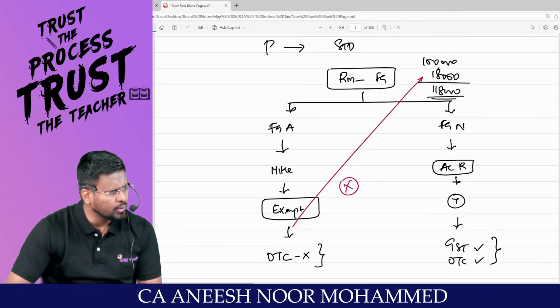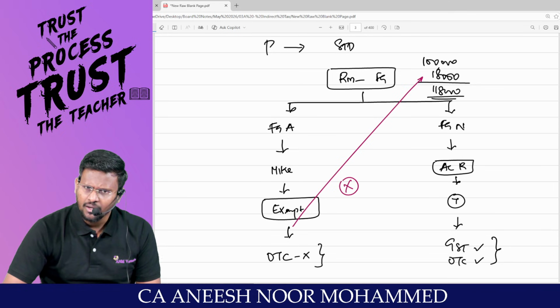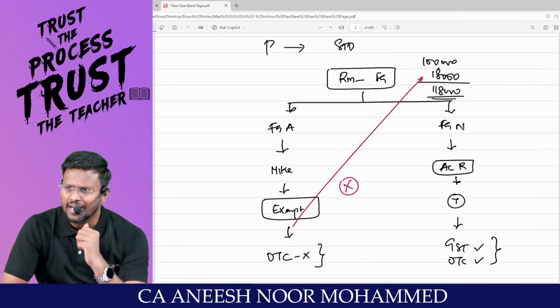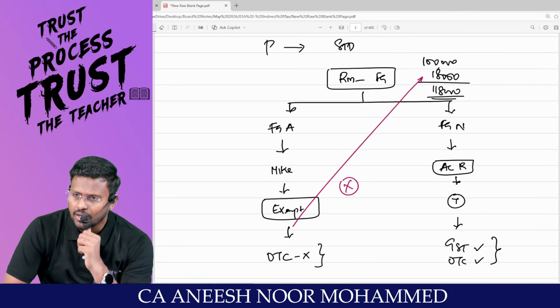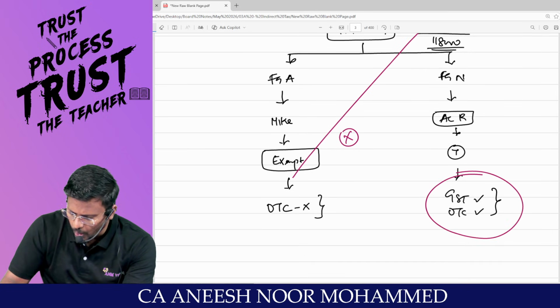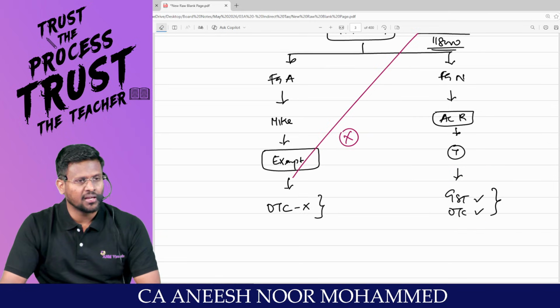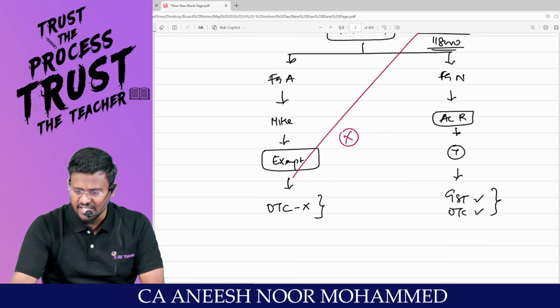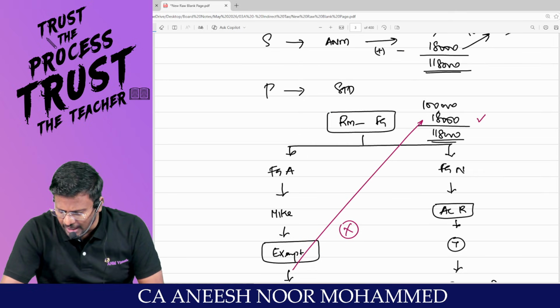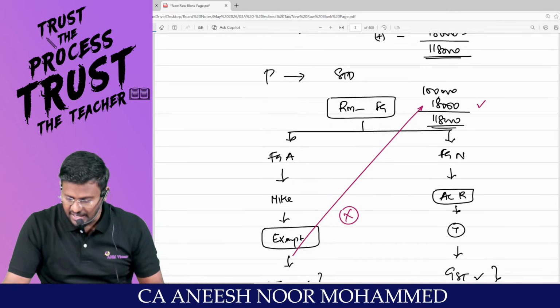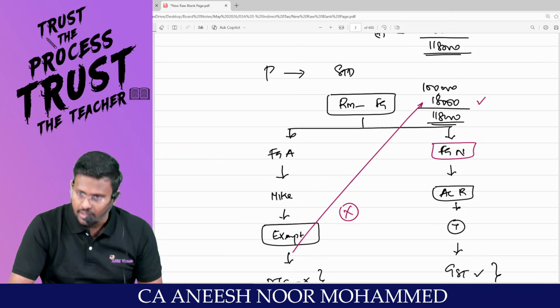Because if you are not collecting output tax, then why are you claiming ITC? Are you all really with me? But for this product, you are collecting output tax. That means you are entitled to take the ITC. That means I am saying that you are entitled to take the 18,000 rupees GST paid as ITC for the finished goods N.